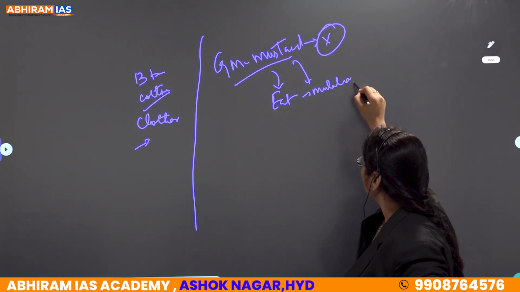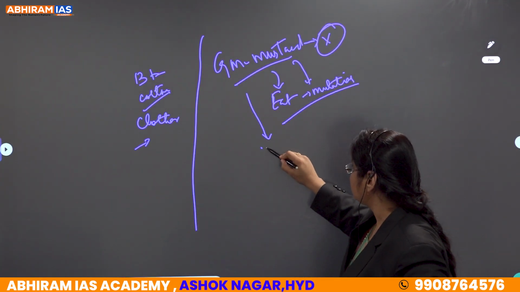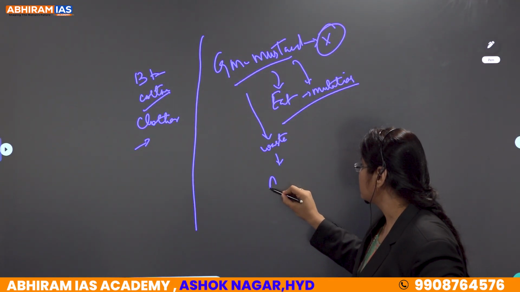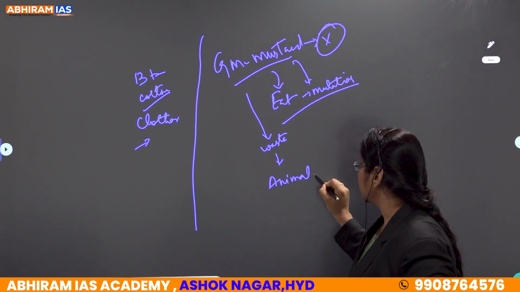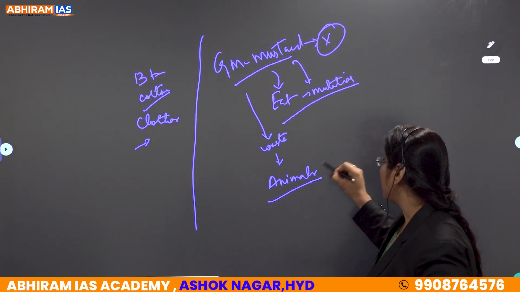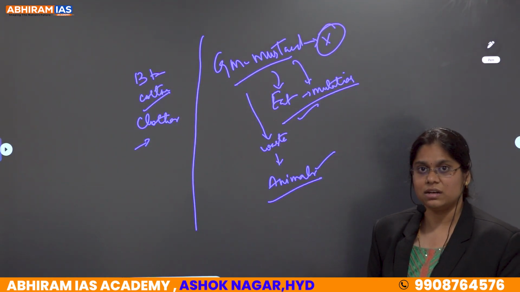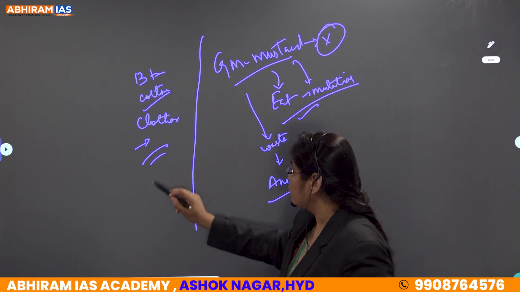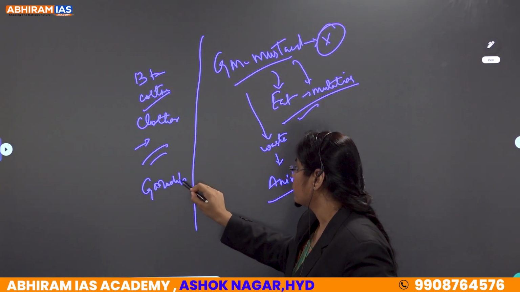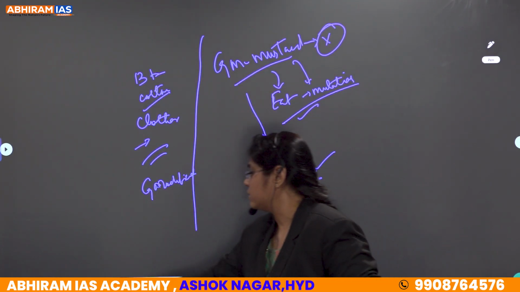The mutations will affect the body also, and the waste from GM mustard will be fed even to animals. So scientists are saying the possibility of mutations can be seen in animals and in humans also. That is why GM mustard is not approved. Clear? Only BT cotton is approved as the example of genetic modification. Though research is going on for mustard, it is not approved.